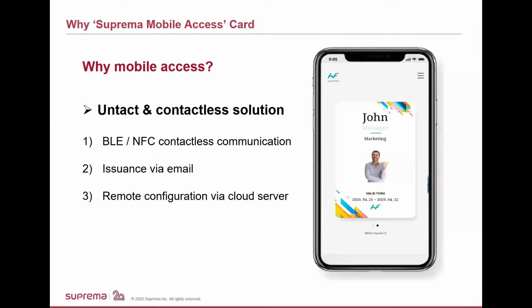Since the mobile access card uses BLE and NFC technology, people do not need to touch something that other people touch. And the mobile access card is issued by email or SMS, so the operator does not need to meet the user face to face.